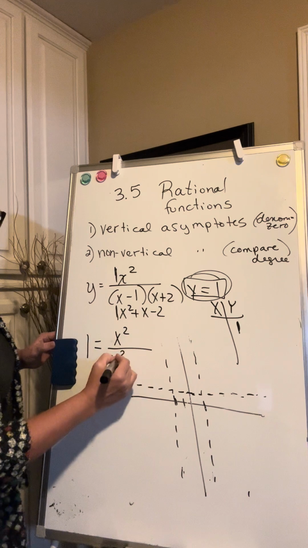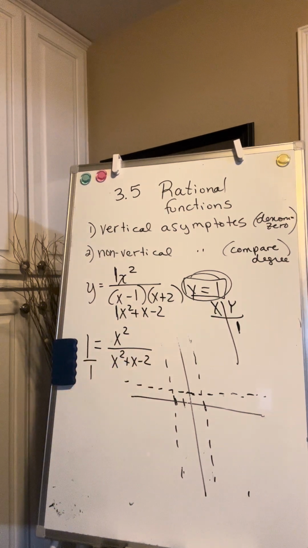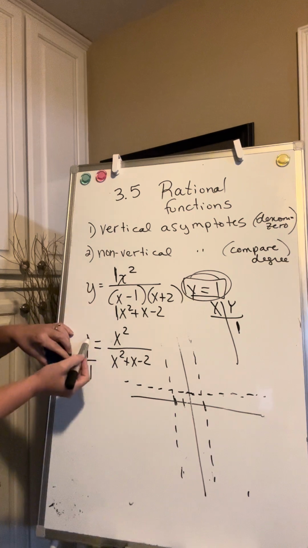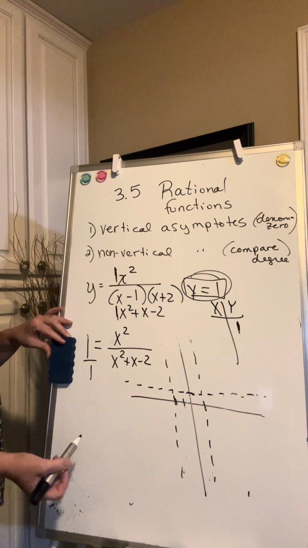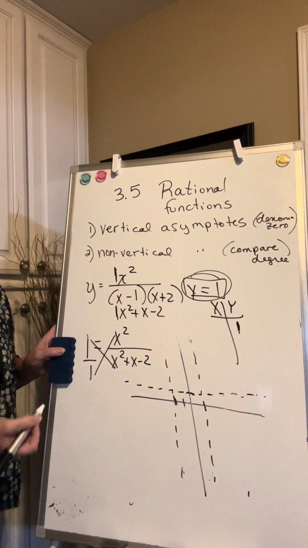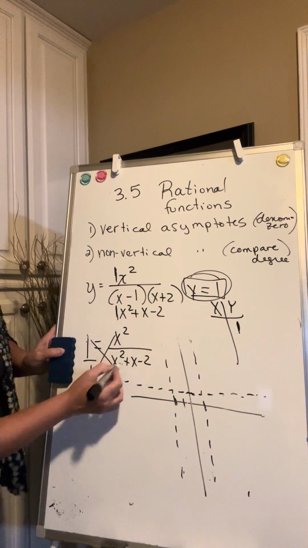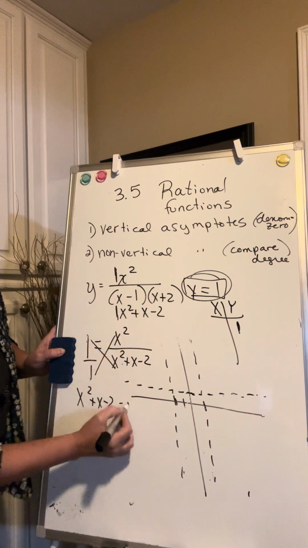Let's see, I'm going to write it in its FOILed together form. That'll help me a little bit. So to work that out, I could think of this y as being 1 over 1. That way I've got a proportion, a fraction equals a fraction. And when you have that, you can cross multiply. The cross products have to be equal. So that gives us 1 times that equals 1 times that.